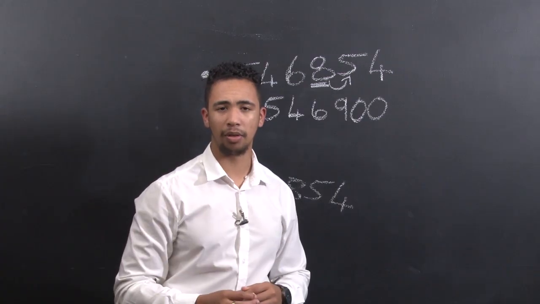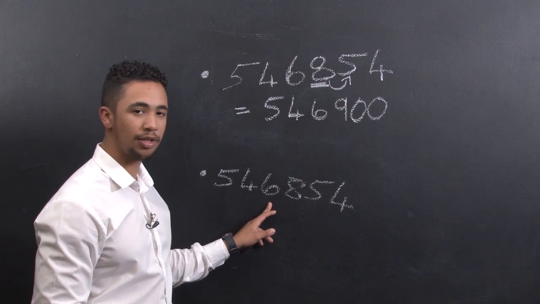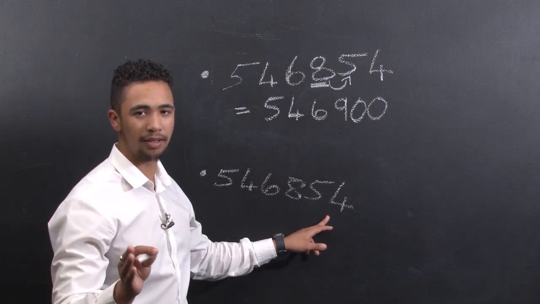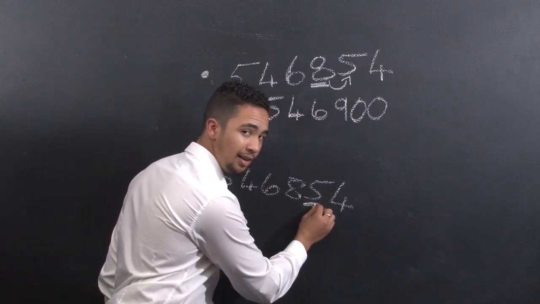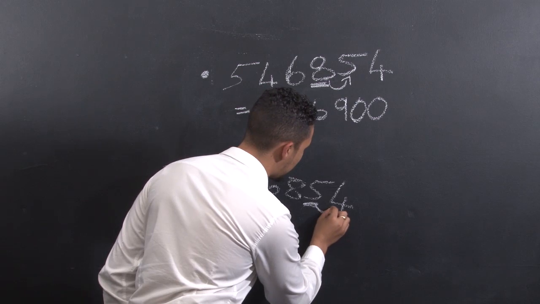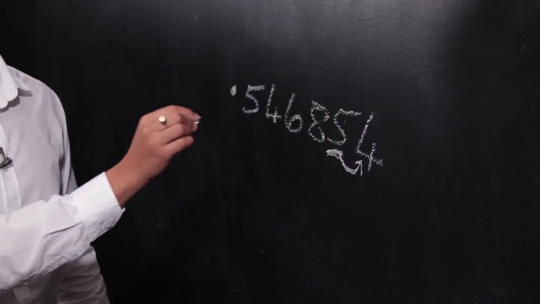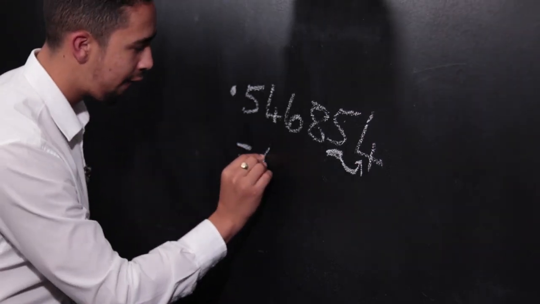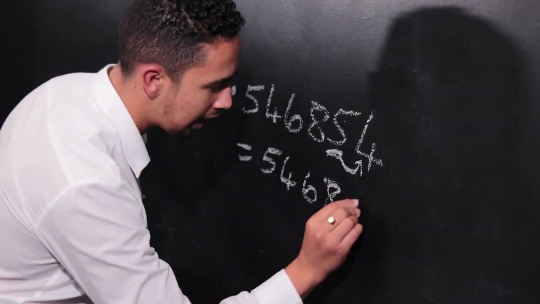In our next example, we are asked to approximate 546,854 to the nearest 10. So our focus is the 5, which is the 10. The number to its right is 4. It's less than 5, so it doesn't affect the number to the left. So our answer is 546,850.